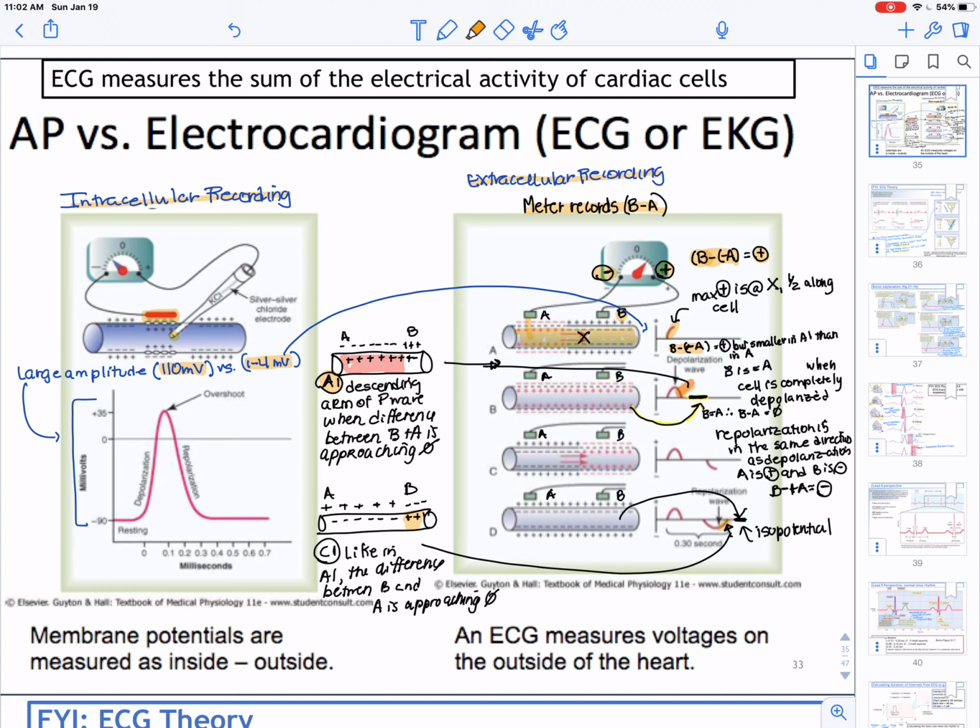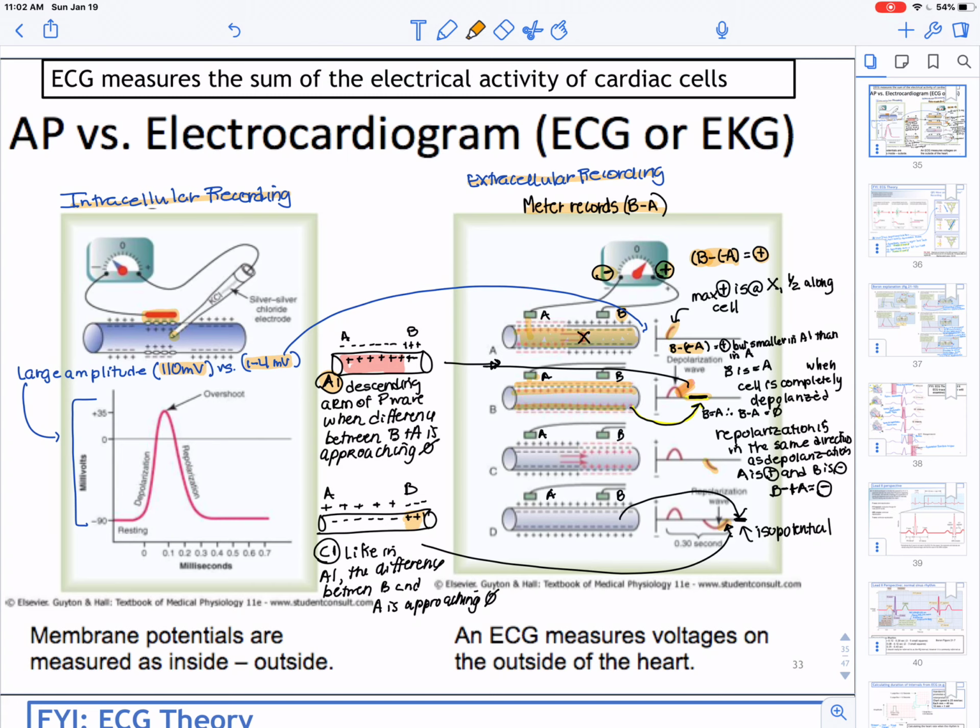And then when the cell is completely depolarized, and there's no difference, and we could also think of the heart, all the ventricles are completely depolarized, there's no difference between A and B, we are at an isopotential because there's no charge difference between those two locations. And this is like during the ST interval, okay?